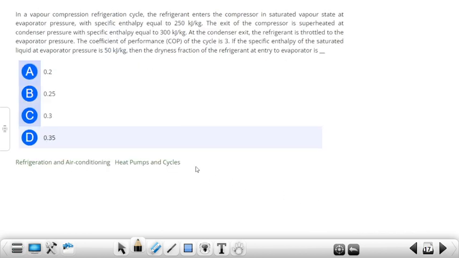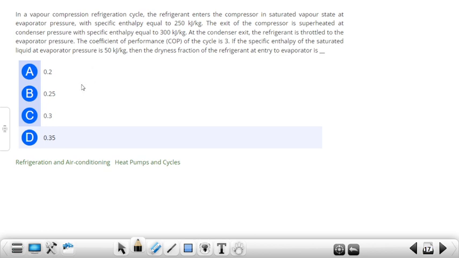Next question. In a vapor compression refrigeration cycle, the refrigerant enters the compressor in saturated vapor state at evaporator pressure with specific enthalpy 250 kJ per kg, and the exit of the compressor is superheated at condenser pressure with specific enthalpy equal to 300 kJ per kg.